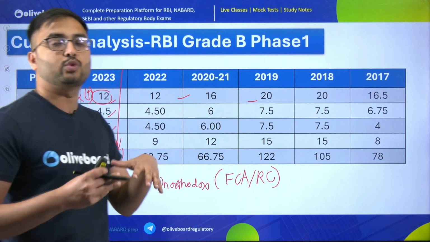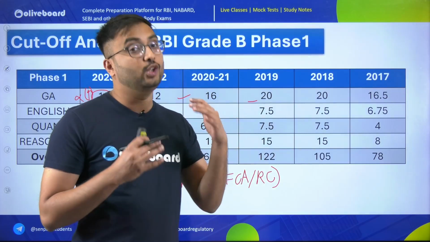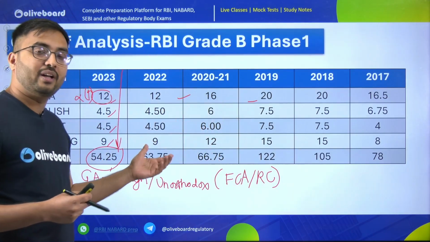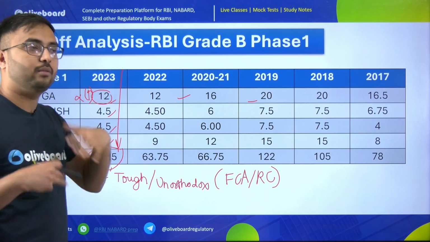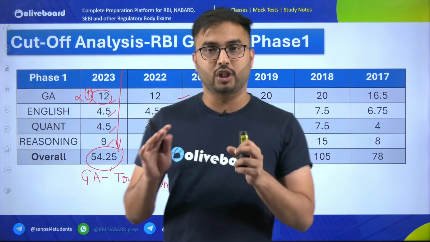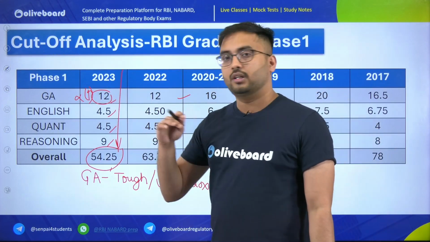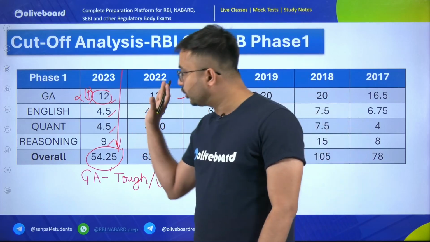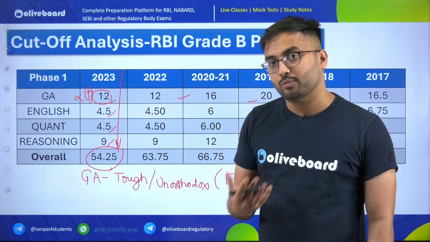That is why many students were awestruck and bamboozled. Many students did not expect general awareness in this way. Most students feel that this GA was a little bit difficult. I would say GA was moderate to difficult compared to last year, but how many questions could anybody have solved from GA?